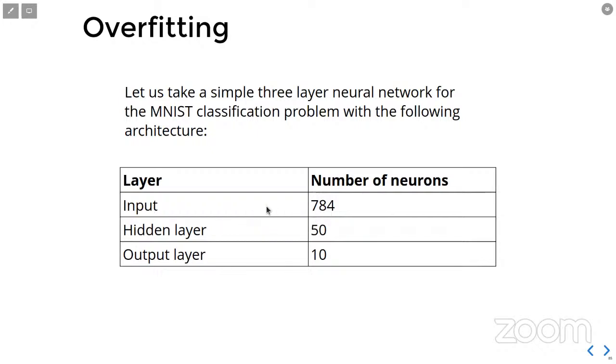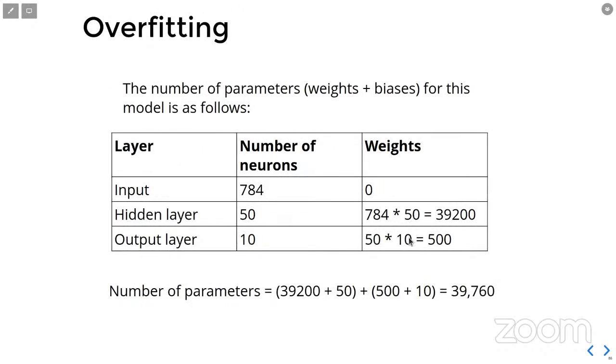If you take the MNIST data set, you'll have 784 neurons in the input layer, 10-way classification, right? So if you estimate the number of params, it will be close to 40K, right? And this is nothing, right? Imagine this ImageNet data set that we talked about last class that has 1,000 classes, right? And there are going to be millions of parameters in such networks.